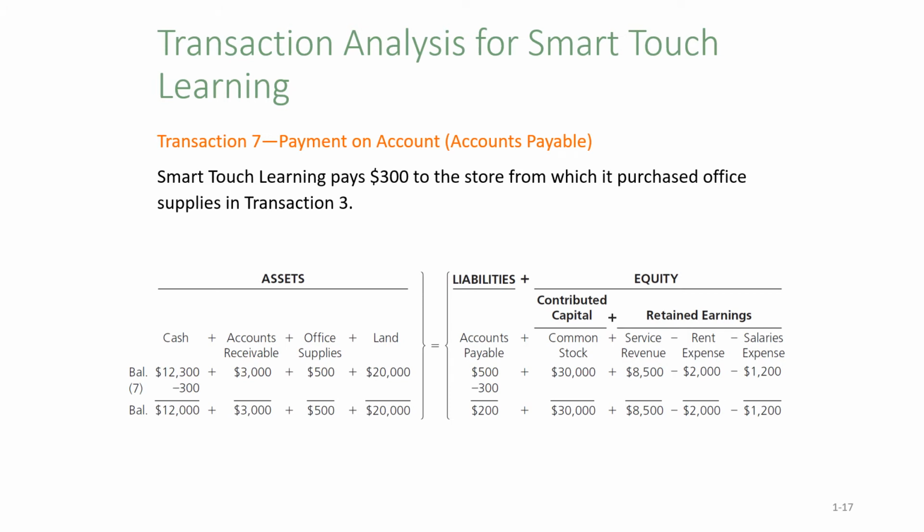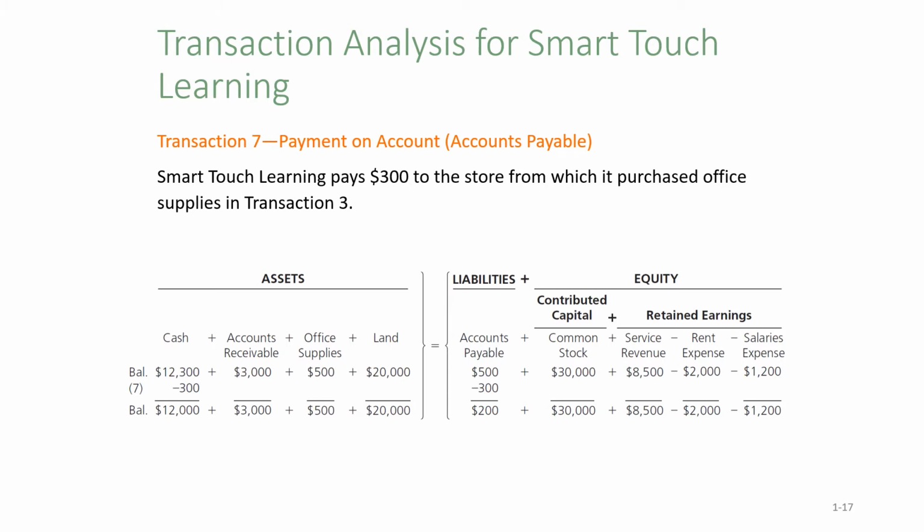Our seventh transaction is a payment on account. So when we think about that account or on account, we look at who is paying the money. In this example, Smart Touch Learning, or we as the company, are paying the $300 for the amounts that we had used to purchase the office supplies back in transaction number 3. So you'll note our category of our accounts payable is going down.